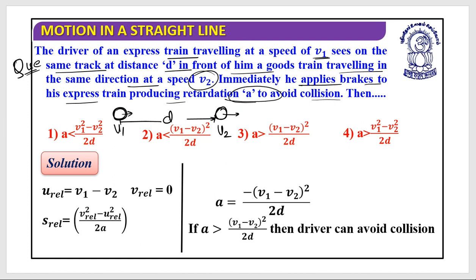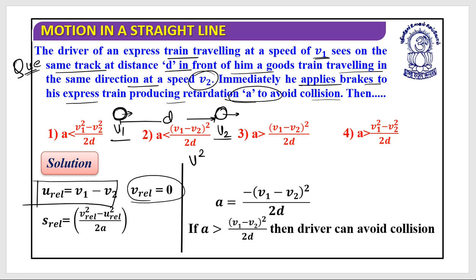If I find out the initial relative velocity, as these two are moving in the same direction, it should be v1 minus v2. This is u relative, and their final relative velocity would be 0.